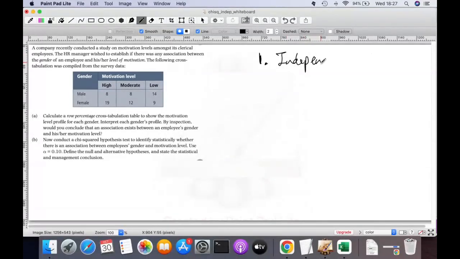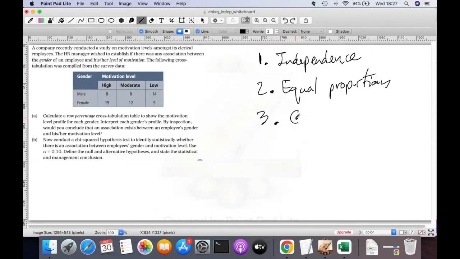Two, you are testing equal proportions. I'll explain each of them in a bit more detail. And then 3 is the goodness of fit test. I'm just going to write GOF for short.